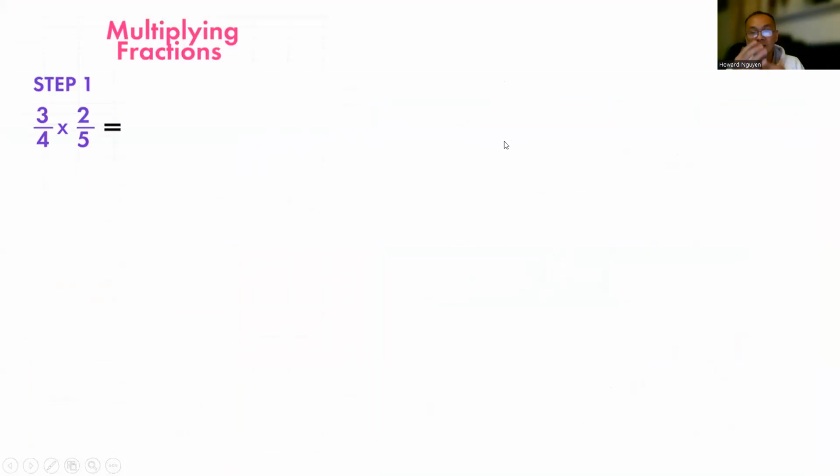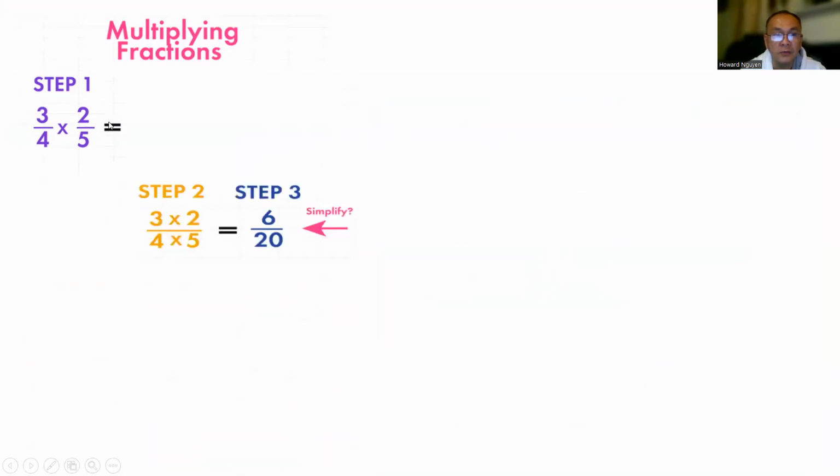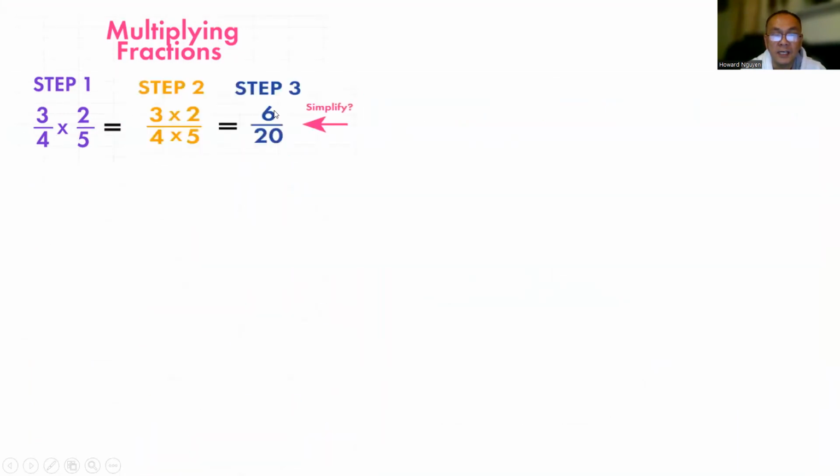Now, multiplying fractions is easy. You basically take the numerator times the numerator, and the denominator times the denominator: 3 times 2. So 3 times 2 is 6, then 4 times 5, which is 20. So when you have 20 over 6, you always simplify. To simplify means you're going to reduce, you're going to make smaller.